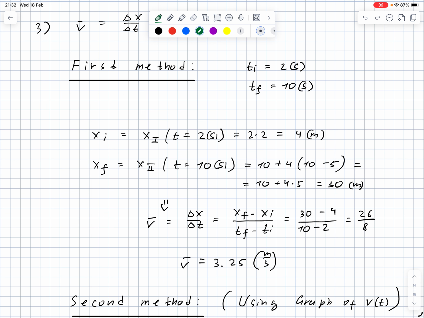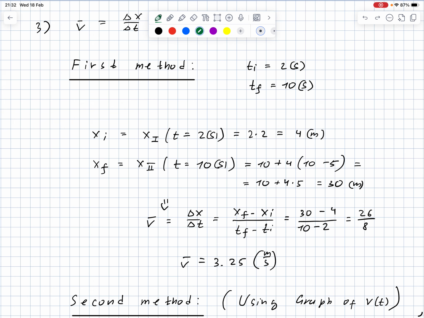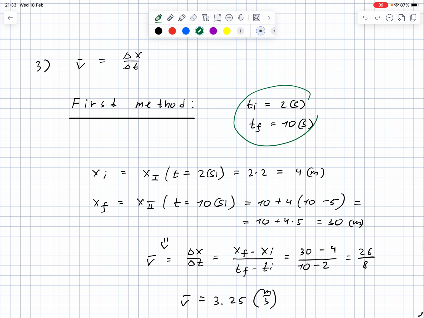We know that final position is 30, initial position is 4, 30 minus 4 equals 26. t final minus t initial is 8. 26 divided by 8 will give us the value of 3.25 meters per second. This is the average velocity between 2 and 10 seconds.